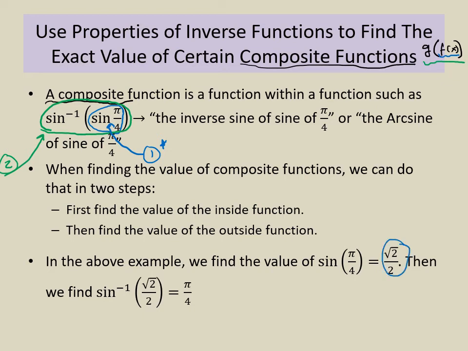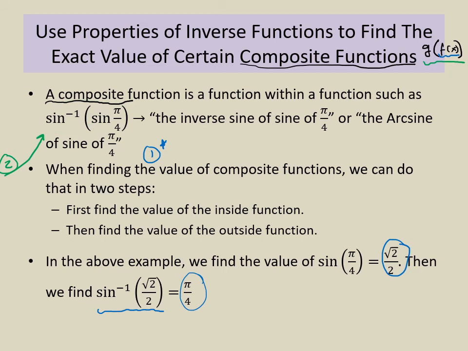Square root 2 over 2. We replace sine of pi over 4 with it, and now it becomes the inverse sine of square root 2 over 2. That's an easy one because we've done that before. What is the inverse sine of square root 2 over 2? It's the angle pi over 4. These are the steps for evaluating any composite function: do the inside function first and then the outside function later.